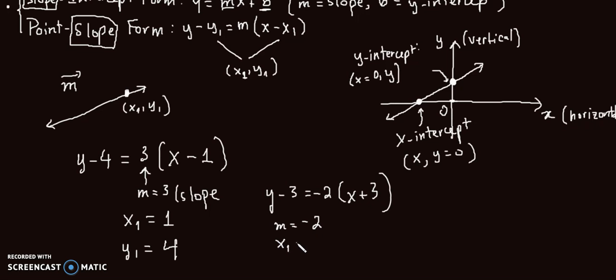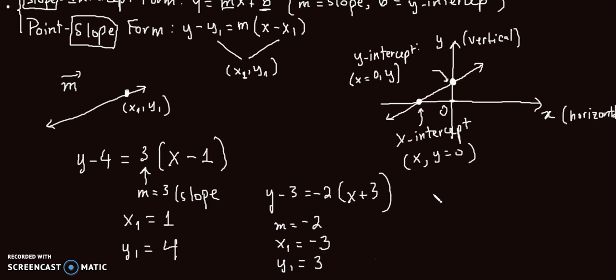Then x1 is a little bit tricky. You see the positive here, so you have to change the sign of this number, so x1 is negative 3, and y1 equal to 3.